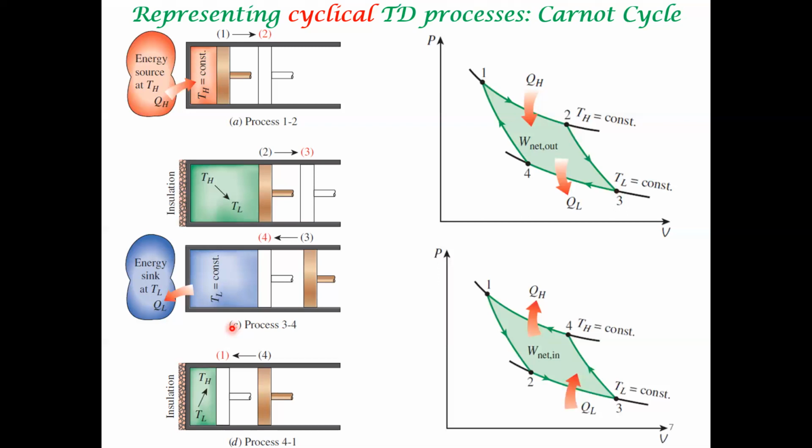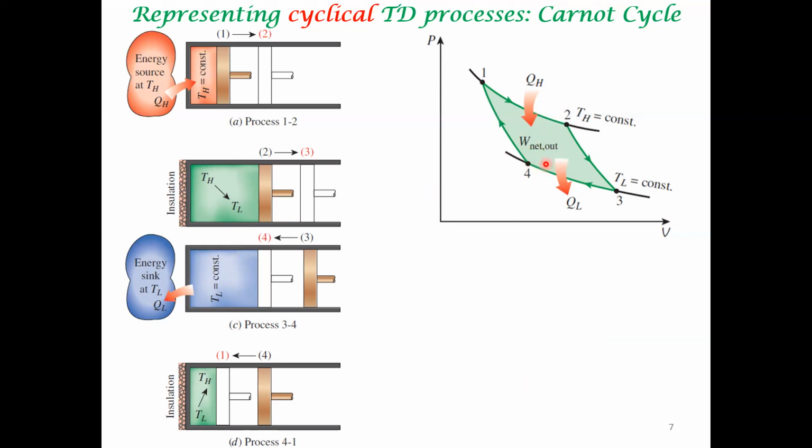So if this is a work generating heat engine, there is effectively net work output. Just to backtrack a little bit, why should there be a net work output? What is the work here? That is PdV, the area under this integral, and then there is another PdV process.